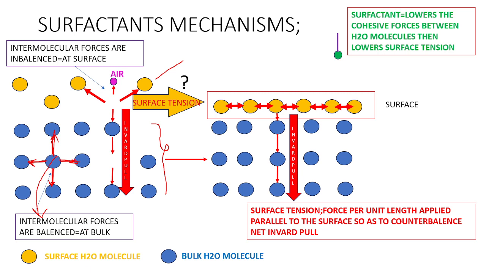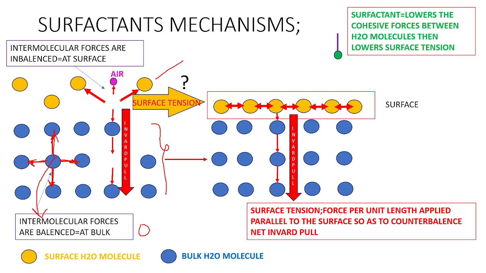Because of this, the net inward movement is zero, meaning it will not go downward. The bulk water molecule does not go downward because equal force is exerted by adjacent bulk water molecules.